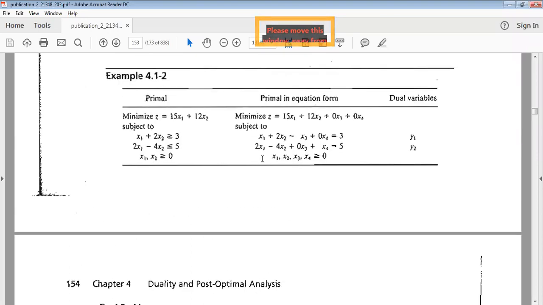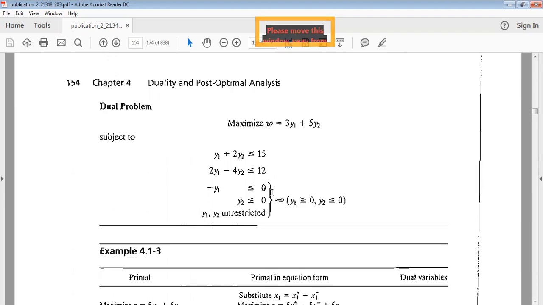And 2y1 minus 4y2, again less than 12. And then minus y1 plus y2 is less than 0, and 0y1 plus y2 is less than 0. So the last two equations cannot be valid, as I showed just now.